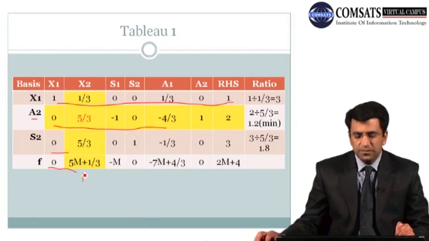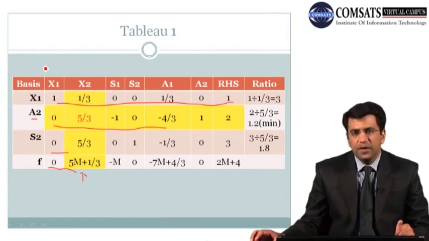So this particular column will be our pivot column, and then again we will calculate the ratio by dividing the right hand side value by the corresponding pivot column values. Then we will have to identify the minimum ratio, and the corresponding row will be our pivot row, and again the point of intersection of the pivot row and the pivot column will be our pivot number.